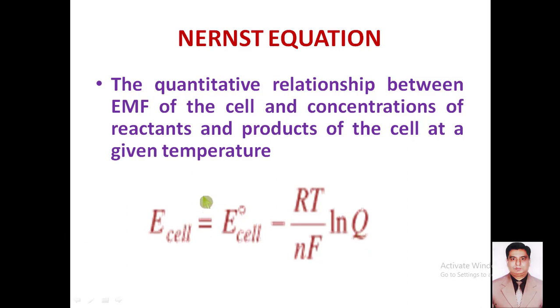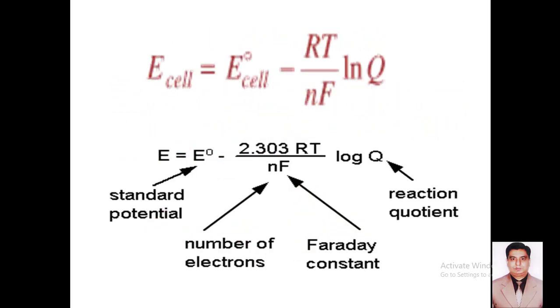Dear students, what terminology has been used here? You can see that in this equation, this E naught is the standard potential. And this equation has been written by just simplifying the above equation, when you replace this natural log with simple log, then it is 2.303 log.